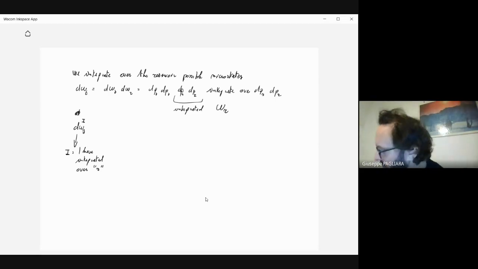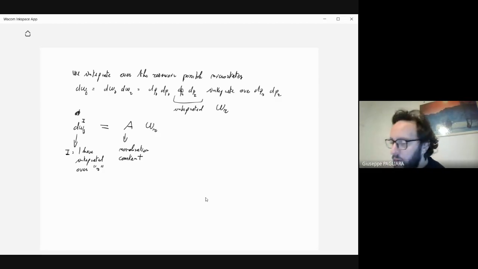which will be equal to a certain normalization constant times the volume omega r on which I'm integrating, times dqs dps. Okay.